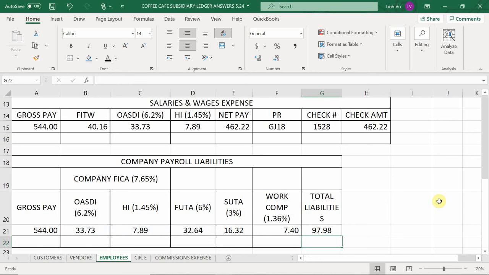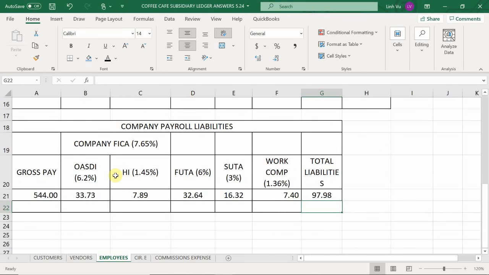Good. So these are the taxes that Coffee Cafe is subject to pay for having Irene as an employee.